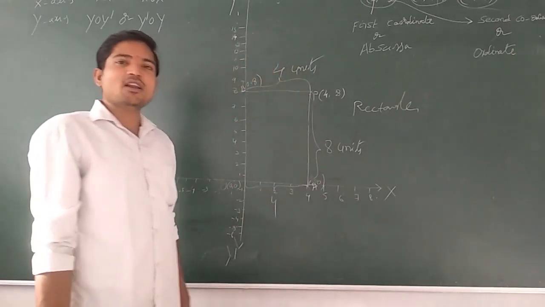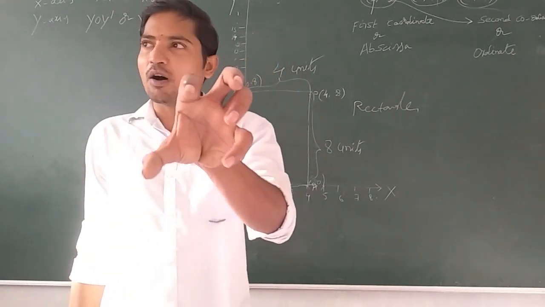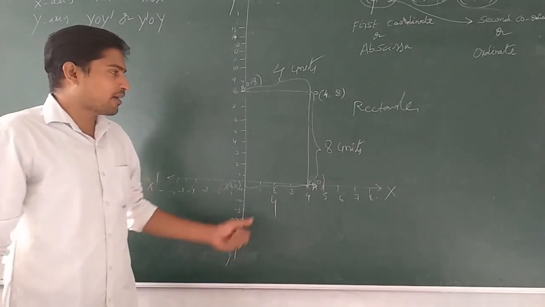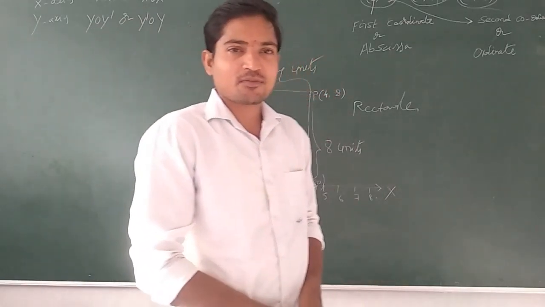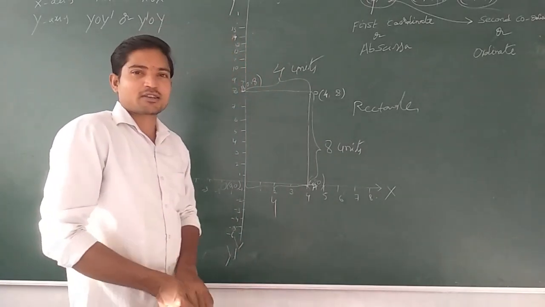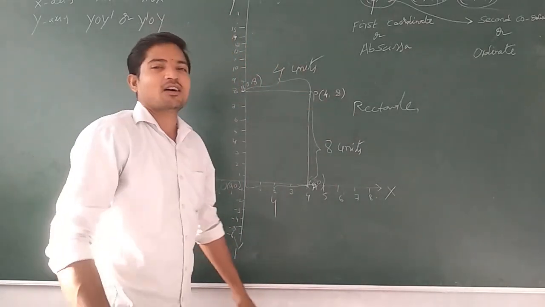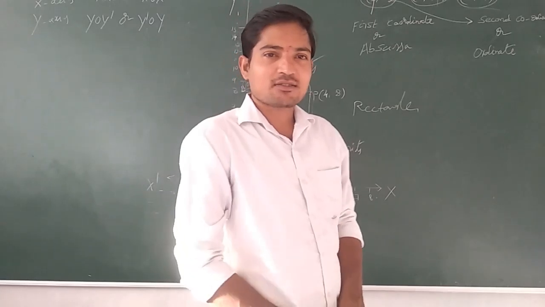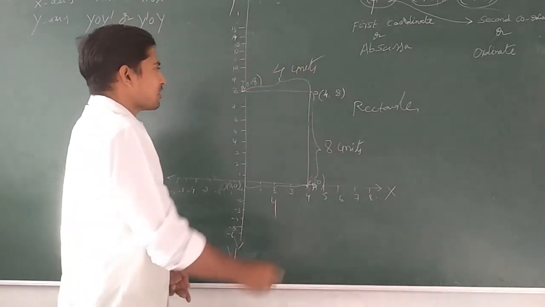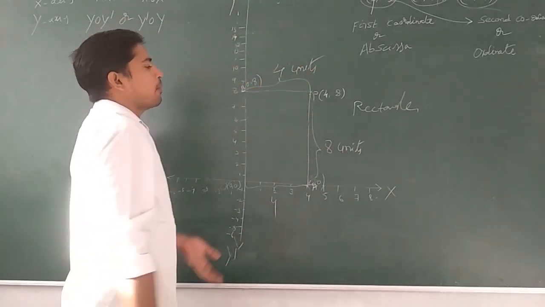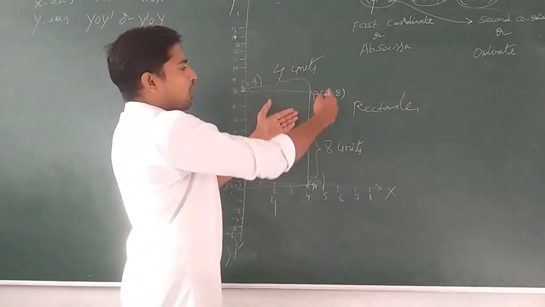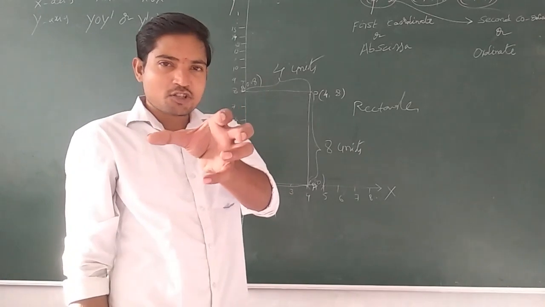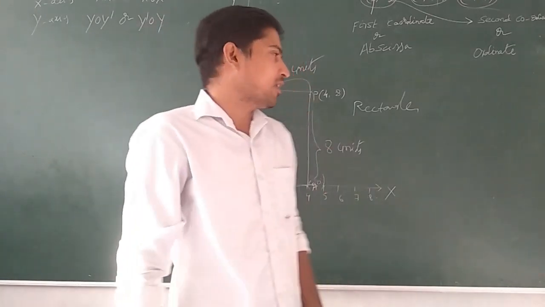The rectangle formed with the help of the points. Those points are nothing but coordinate points, first coordinate, second coordinate, like that. With the help of the coordinate points, I got a geometrical figure which is a rectangle.